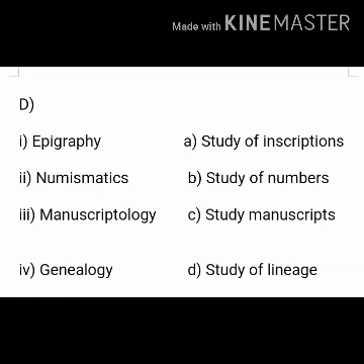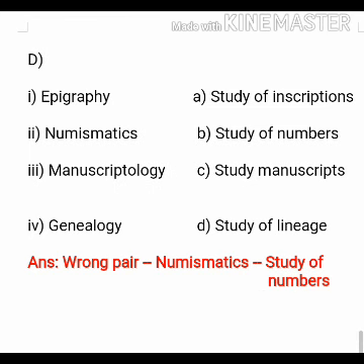The wrong pair is second one, numismatics, given as study of numbers, but it is study of coins. Numismatic means study of coins, not study of numbers. So you can now write down the wrong pair. Numismatics, study of numbers. So students, we completed the first worksheet.